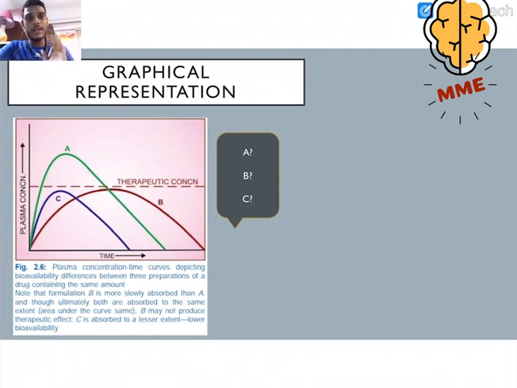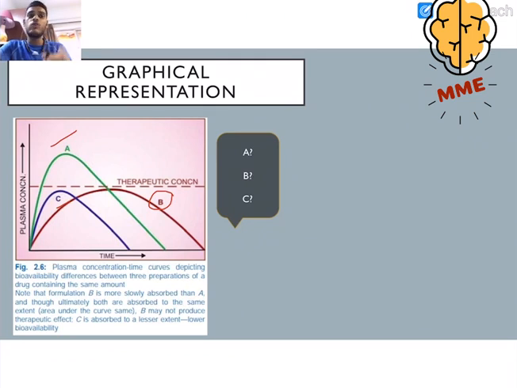Now, what we can read from this graph is, see, this formulation B which we have over here, as you can see, is being absorbed over a longer duration of time when we compare it with both preparations A and C, as is very obvious from the curve.